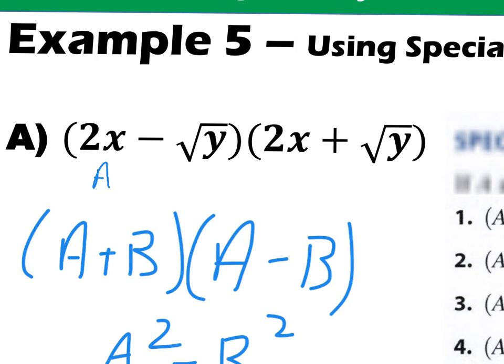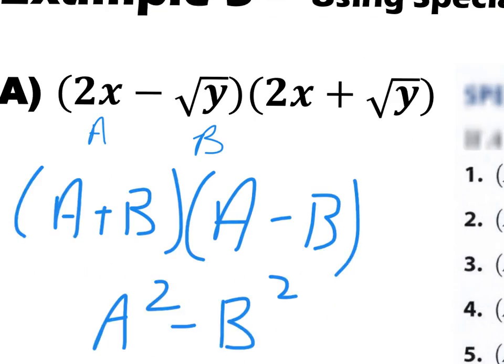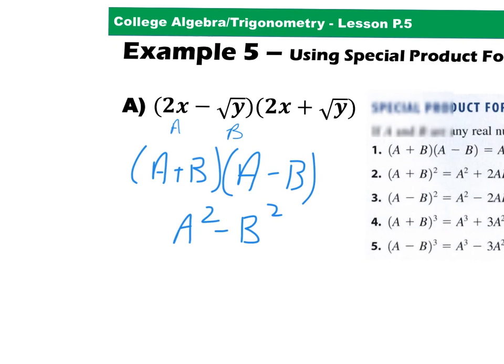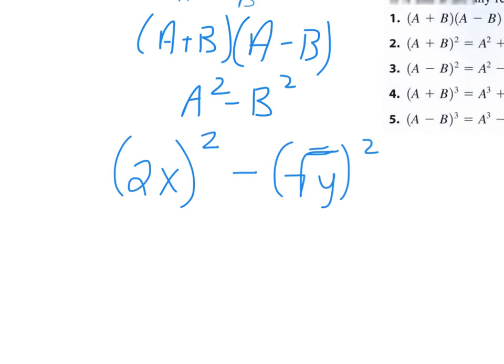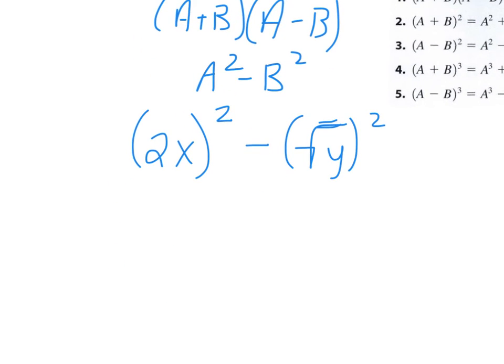What is your B term? Square root y. So you would just write 2x squared minus square root of y squared. That 2 goes to what? To the 2 and to the x. Good. So this is 4x squared minus, what happens when you square a square root? Cancels out. So just y.